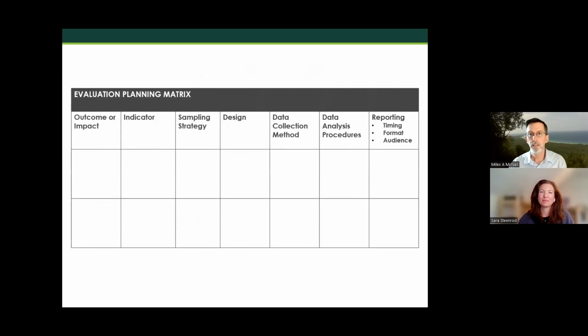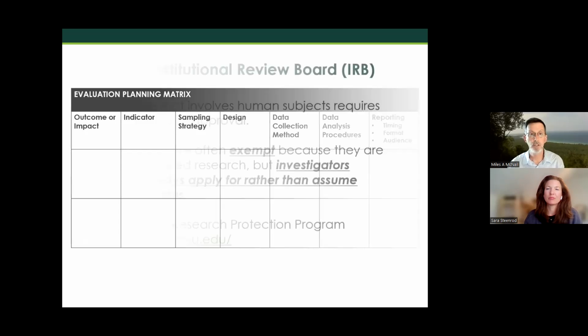But let's go back to the evaluation planning matrix, and I encourage you to think about using this and the logic model as your evaluation planning tools, and to think through those last 2 columns too, because if you're going to gather data, obviously you should have a plan for how you're going to analyze it, and also who you're going to report it to, when, who the audiences are and what their preferred formats are for receiving that information.